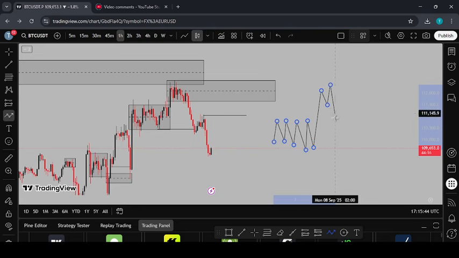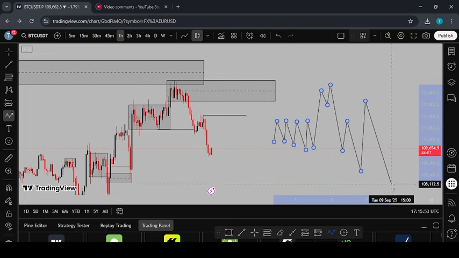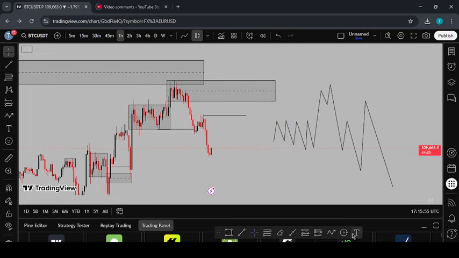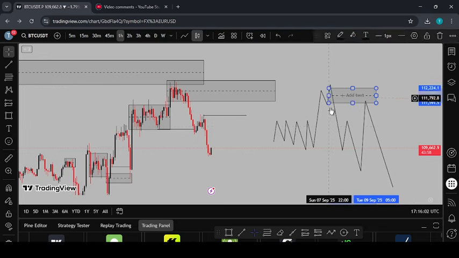While it was manipulating, it gave birth to an internal structure. So what will I be waiting for? Pull back, distribute. It's the distribution that I want to now catch, right?